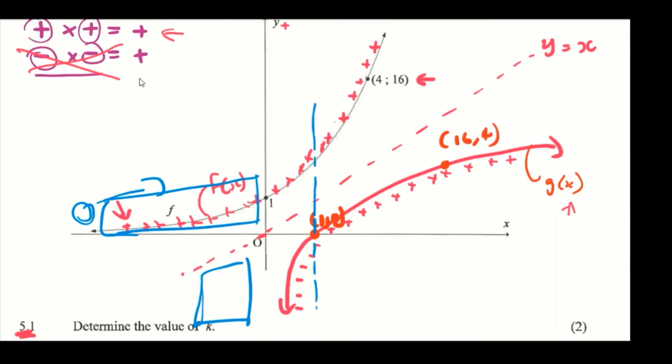Even though here we have positive y values for f of x, there's no positive y value for g of x, it's only negative. So this positive multiplied by this negative gives us a negative solution, so we don't want that.